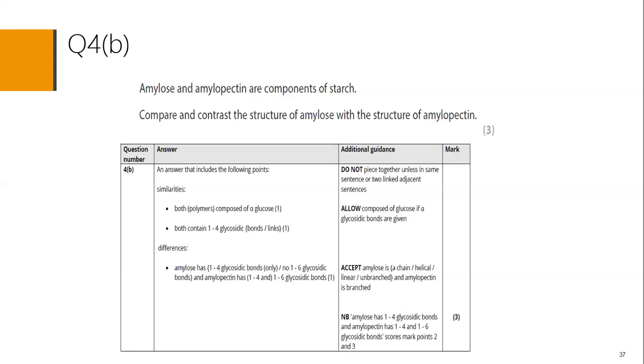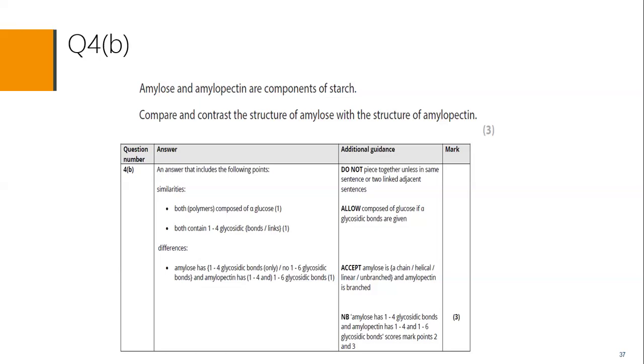We're now going to look at a compare and contrast question. Amylose and amylopectin are components of starch, both on the specification, both testing students' knowledge. Compare and contrast the structure of amylose with the structure of amylopectin.